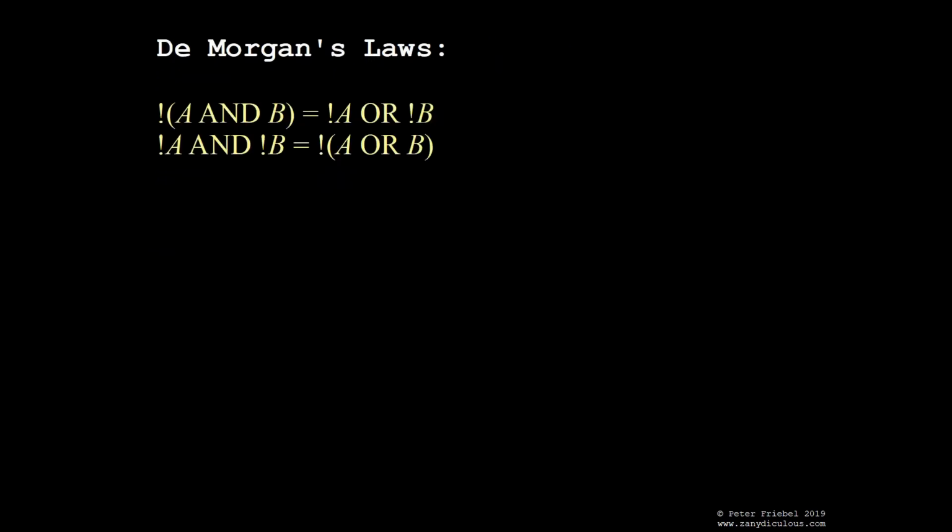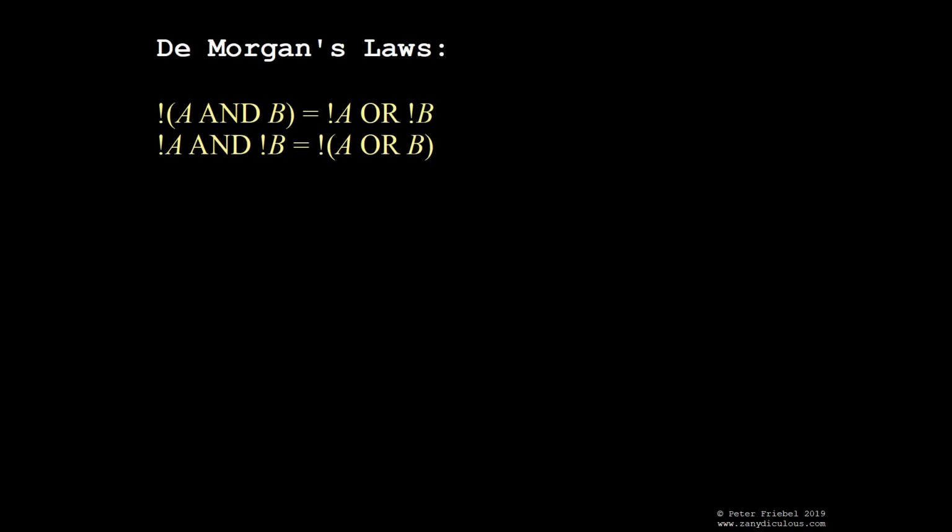Now, this law, de Morgan's law, is a very, very important one, and you will sometimes, even without knowing, use it in programming, because it tends to make your code more readable. But okay, de Morgan's law is as follows.